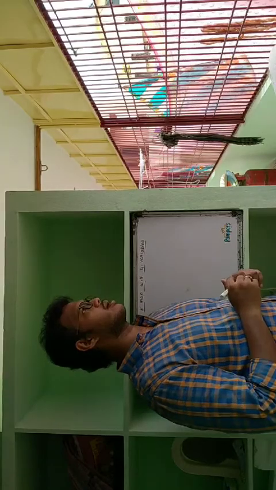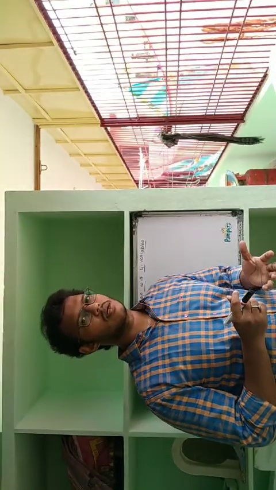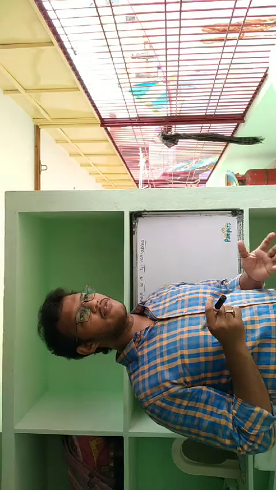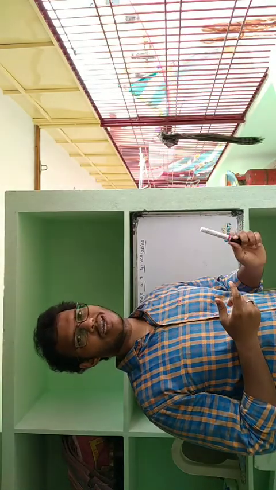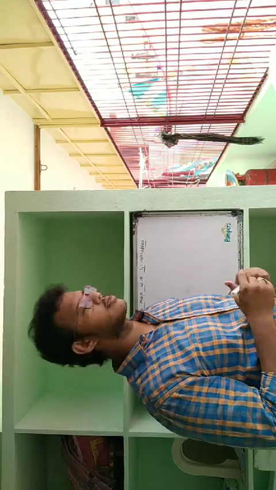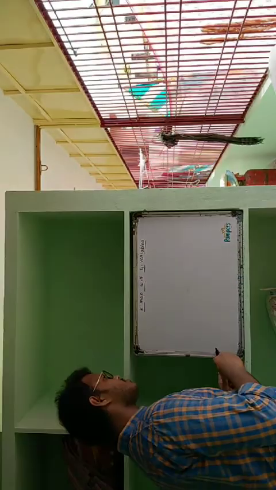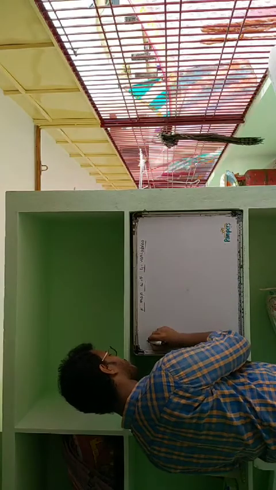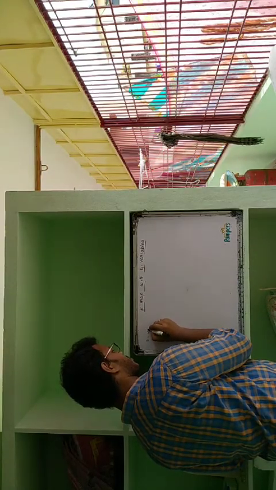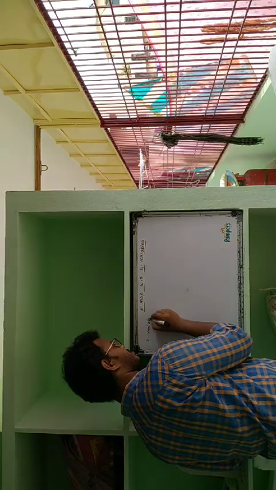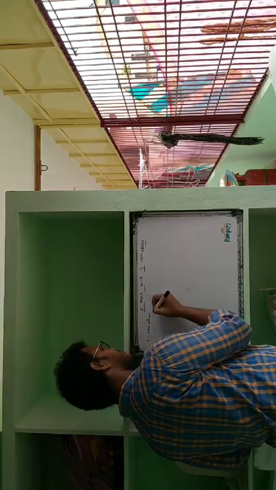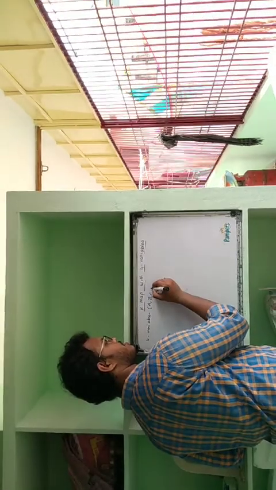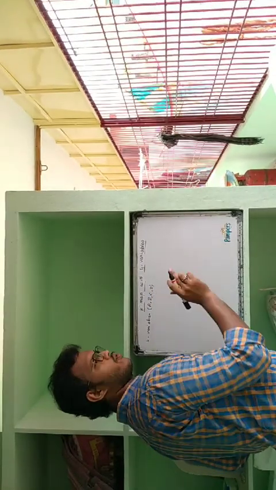So I hope you understood the K-map with 3 variables. Anyway, I will explain more clearly with the 4 variables. Variables means A comma B comma C comma D, 1 2 3 4, 4 variables.